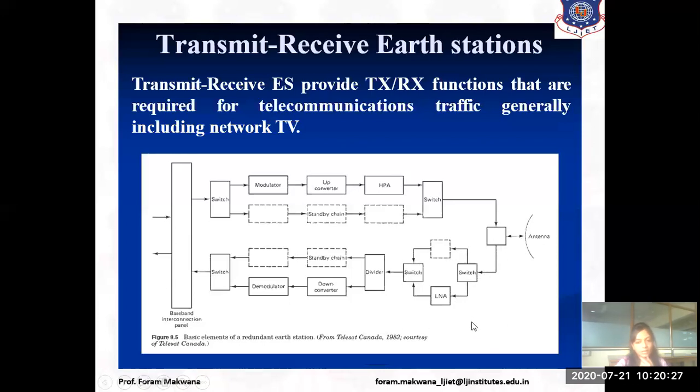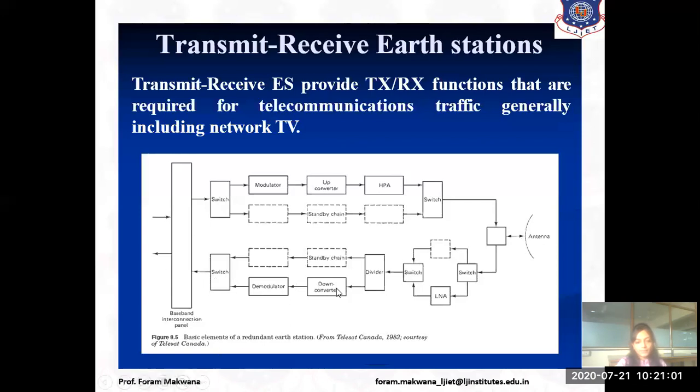Now on the receiving side, the first block is the LNA, that is the low noise amplifier, which is used to maintain our signal to noise ratio at the maximum. Then the signal is divided with the help of a power divider. The standby chain is redundant, as we have discussed earlier: if any of the blocks is not functioning properly, then our signal is switched to the remaining blocks.